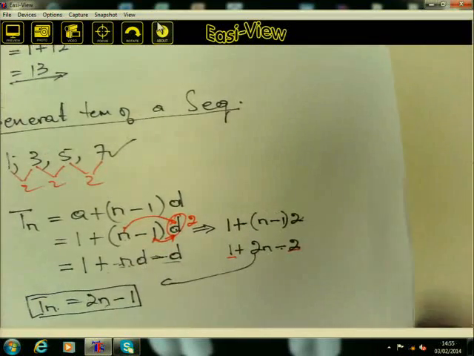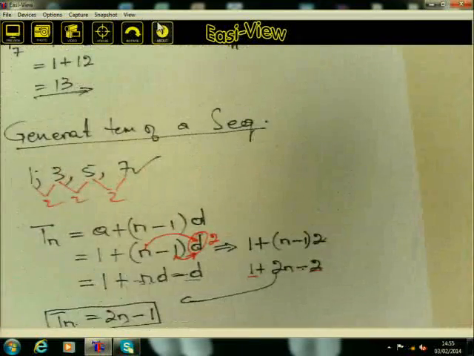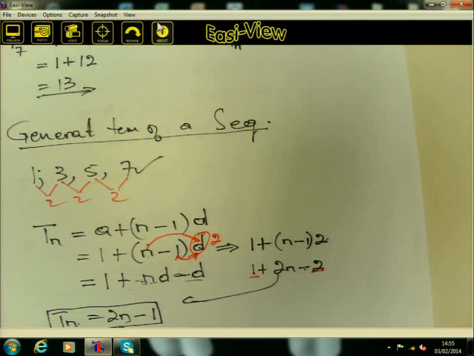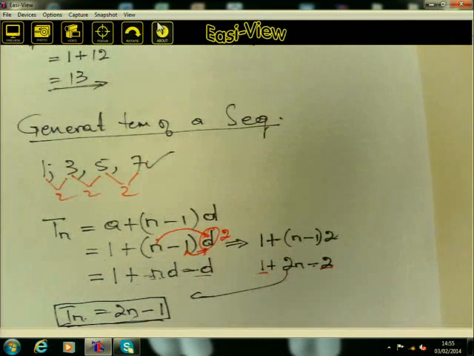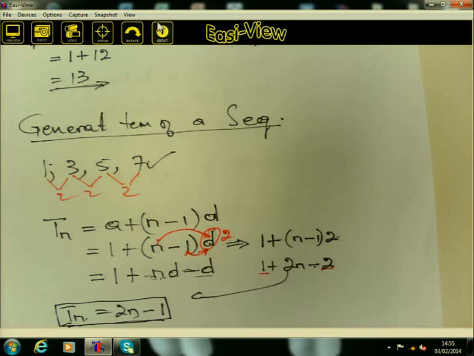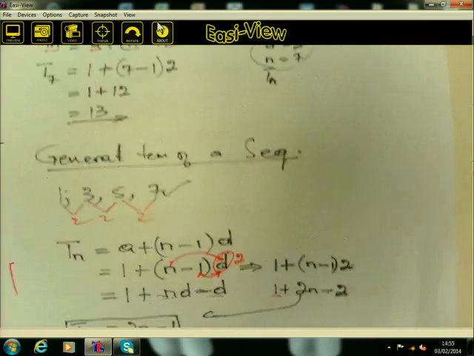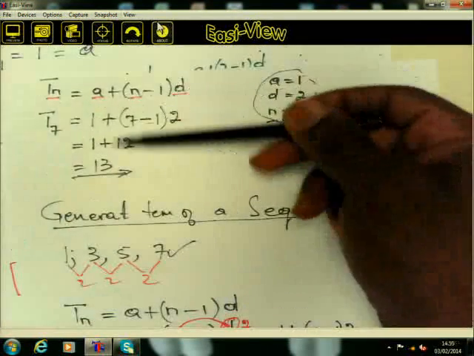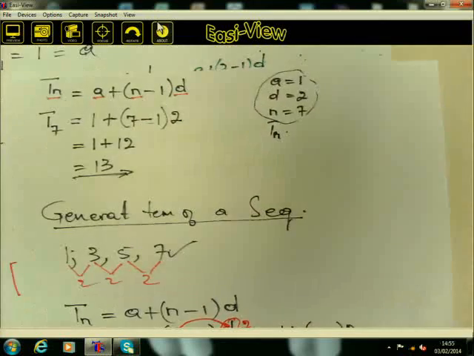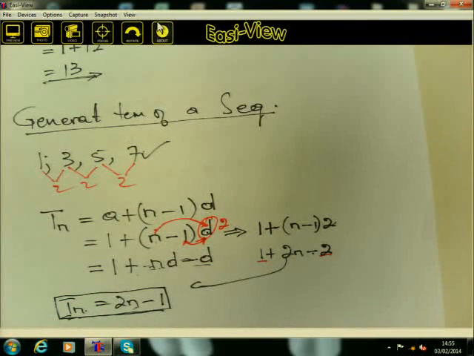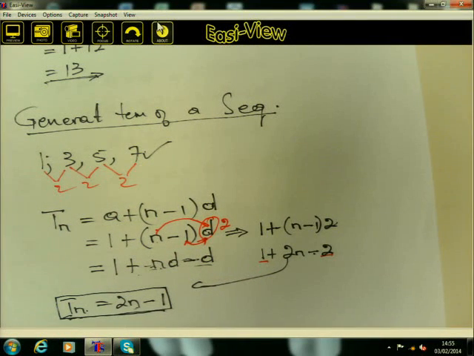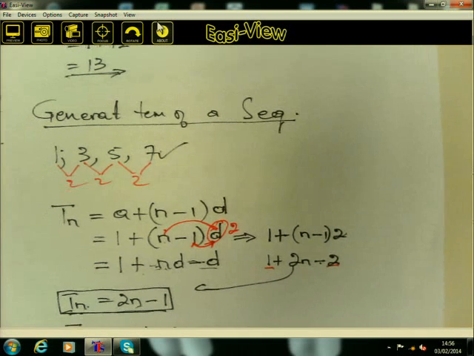But you can also use the same general term of a specific sequence to find T7, which we talked about at the bottom there. At the top here, we talked about T7. So we can use this specific one to say T7 is nothing else but 2 multiplied by 7, then minus 1.